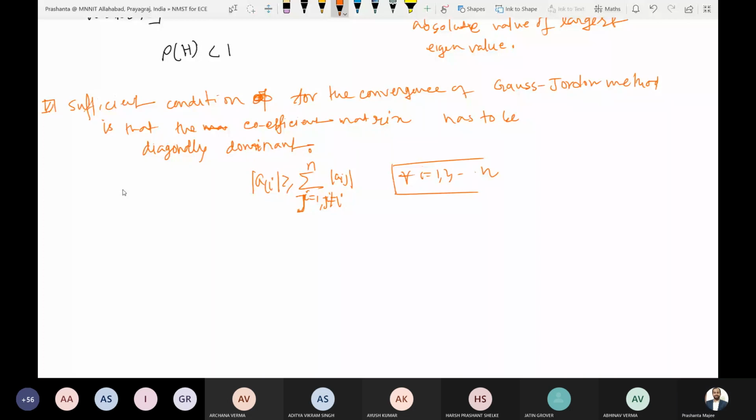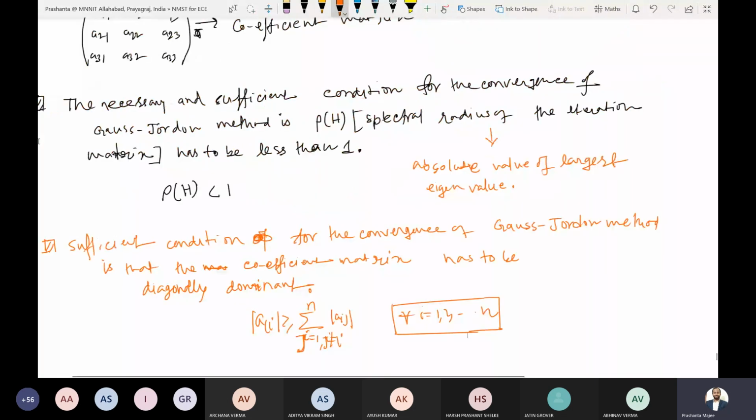So |aii| is the absolute value of the diagonal element in any row, which is greater than or equal to the absolute sum of the remaining elements in that row. It has to be true for all the rows. If that is happening, then the matrix is diagonally dominant. And if the matrix is diagonally dominant, then the spectral radius of the iteration matrix is always less than 1. It will be automatically less than 1. So that is why we can check using this diagonally dominant concept.